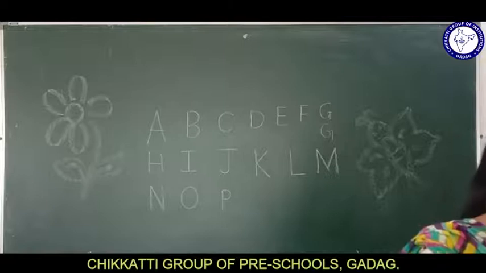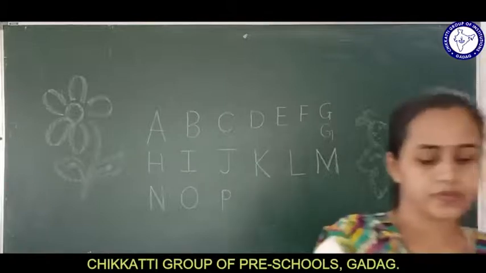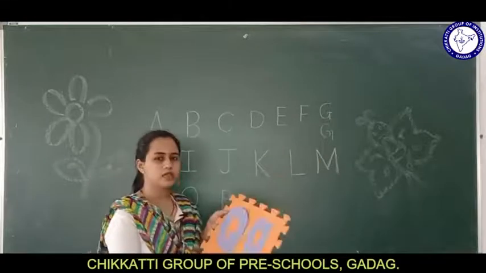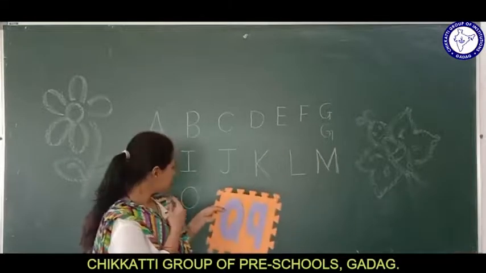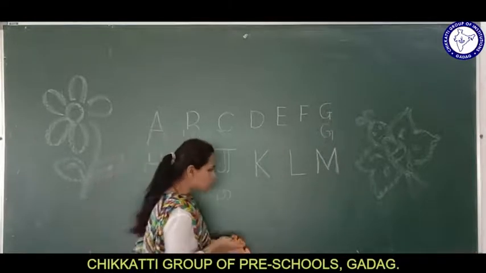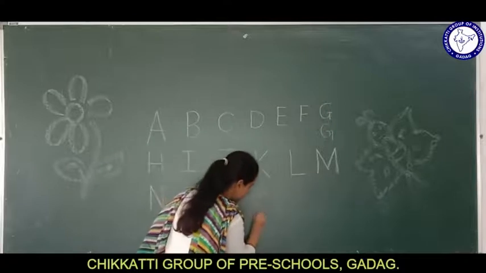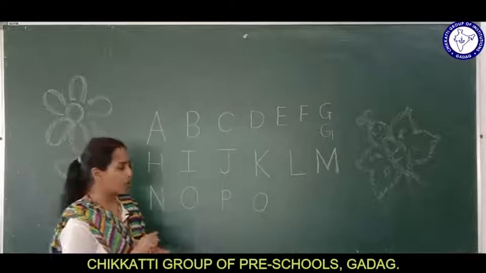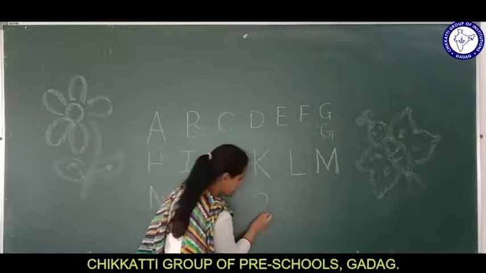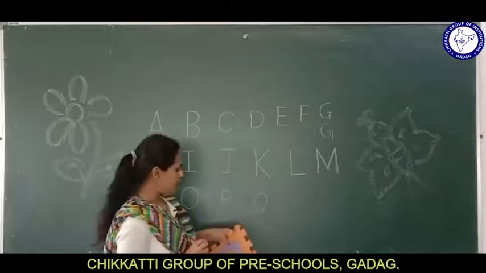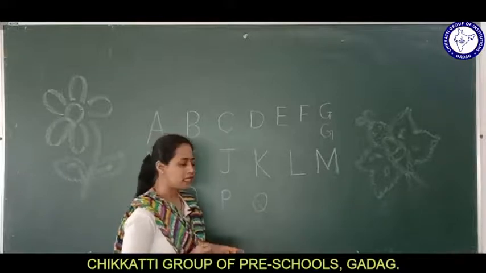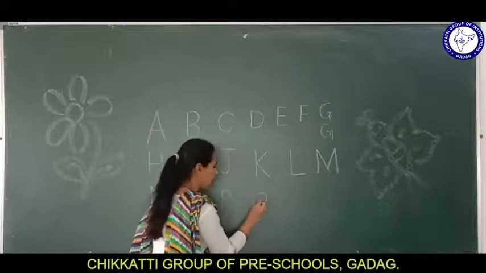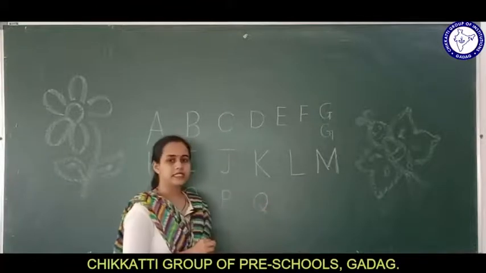Right? So we go for the next alphabet, which is Q. How to write this Q? Shall we start? I'll just try. First, we have to take a circle. It will become what? O, right? So here we'll give a tail for O. It's a small tail, a slant.